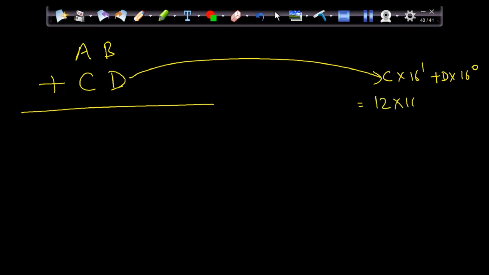So 12 into 16 power 1 plus, if C is 12 and D is 13, 13 into 16 power 0. So this is nothing but 12 into 16, which is 192. 192 plus 13, which is equal to 205.